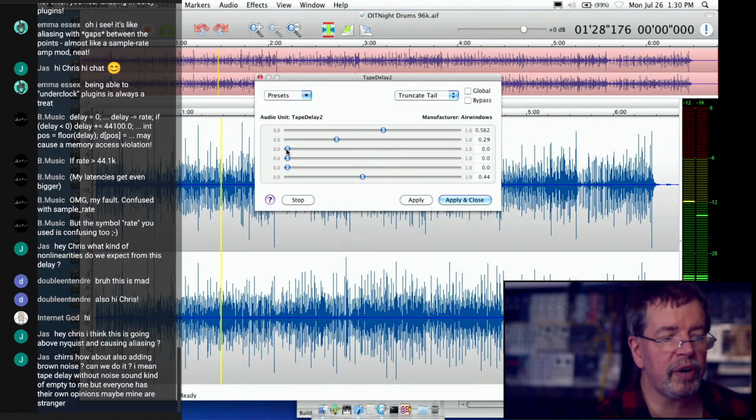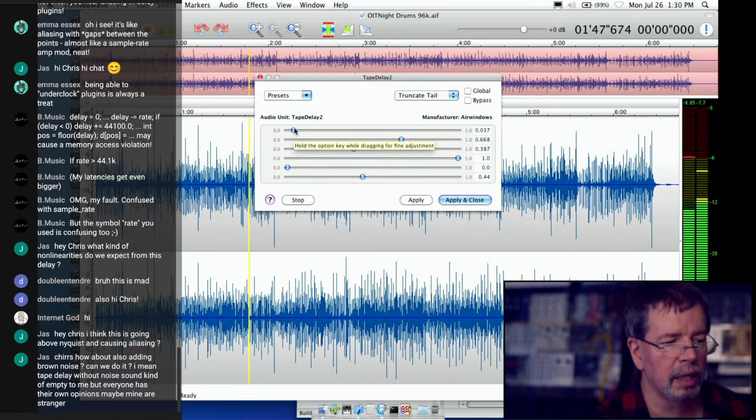And 3 was going to be frequency, but currently it's fixed. And here's where it gets interesting. 4 is narrowness. Okay, that's weird.